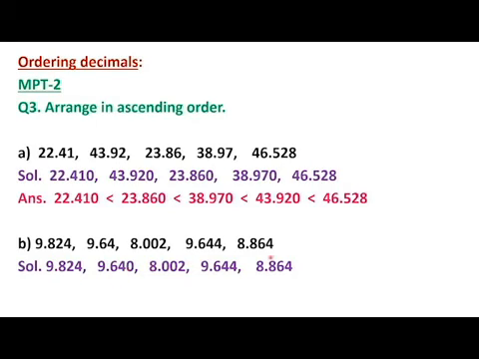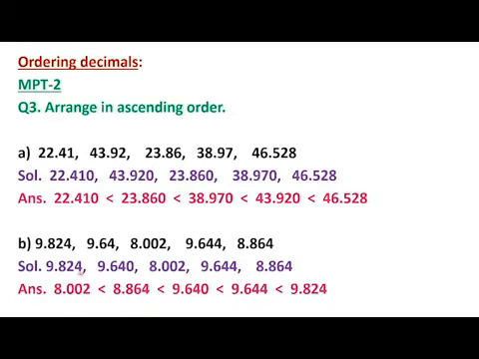Then we will start comparing. We'll compare the whole number part. You see here it is 9, 9, 8, 9, 8. So that means 8 is a smaller number. Among these two we will compare first: 8.002 and 8.864. 8.002 is the smallest number, then comes 8.864.